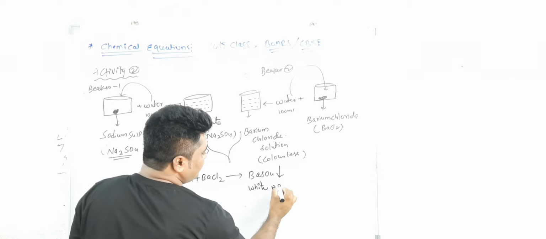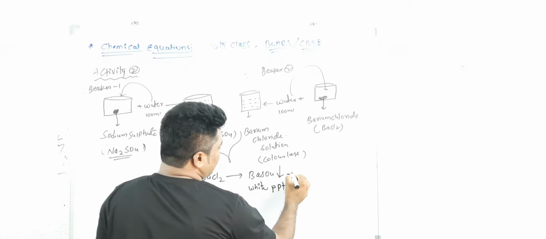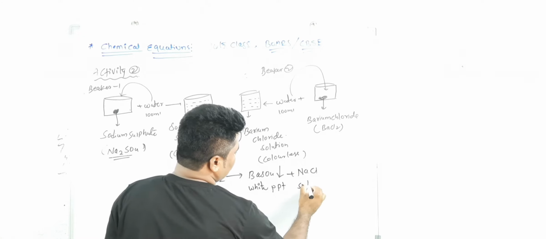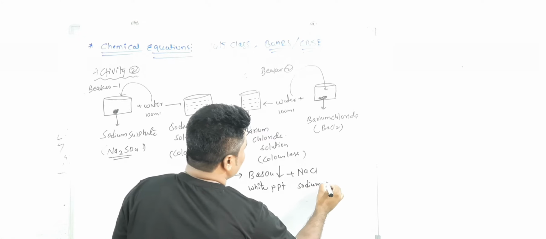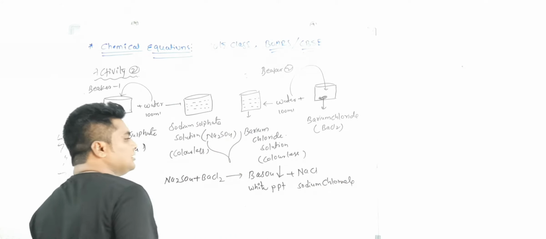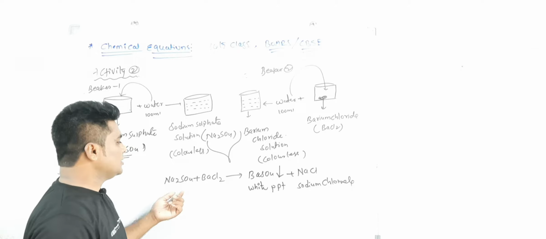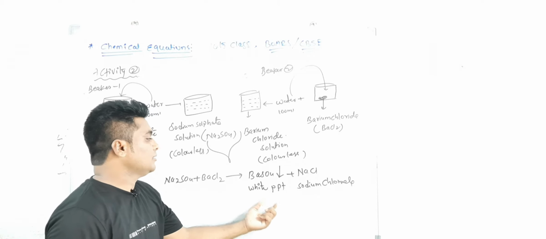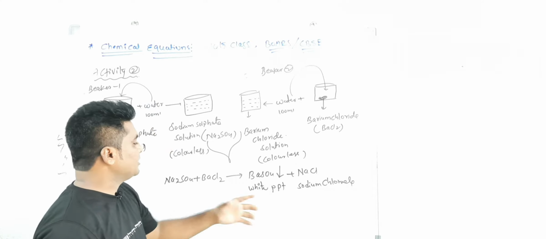Precipitate means PPT. Here NaCl, sodium chloride, is also forming. Sodium chloride has different chemical properties compared to sodium sulfate and barium sulfate. See the color change: you get a white precipitate, and barium sulfate has different chemical properties.